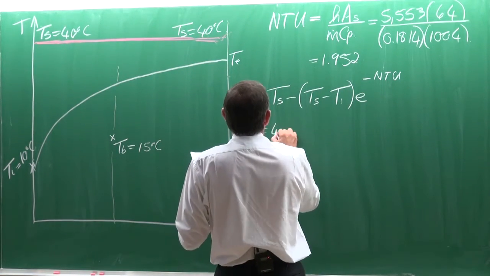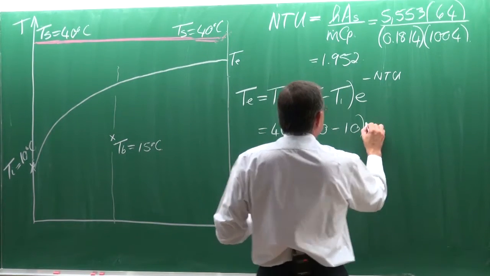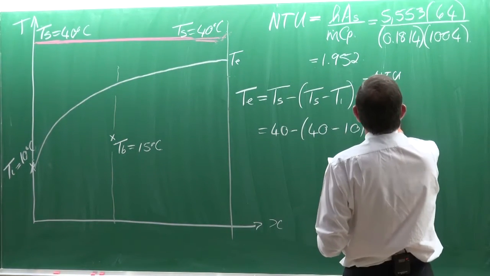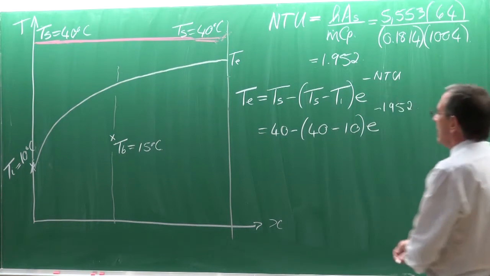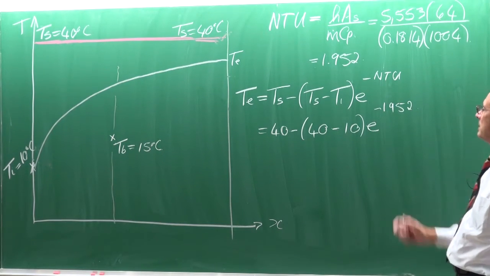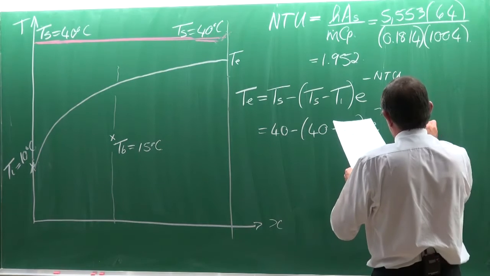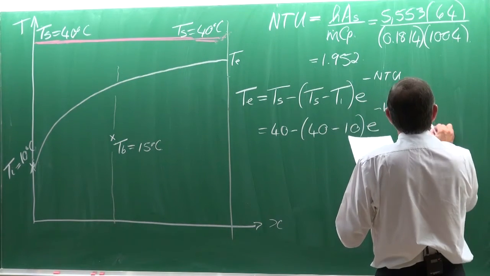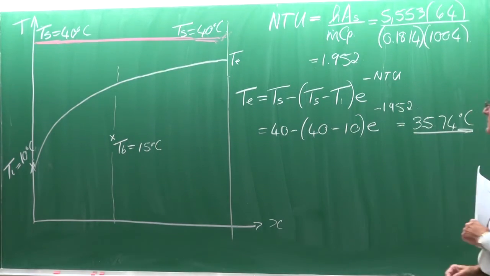So the surface temperature is 40, the inlet temperature is 10, and the NTU is equal to 1.952. So the outlet temperature is 40 minus 10 e to the minus 1.952, and that gives us an outlet temperature of 35.74 degrees Celsius.